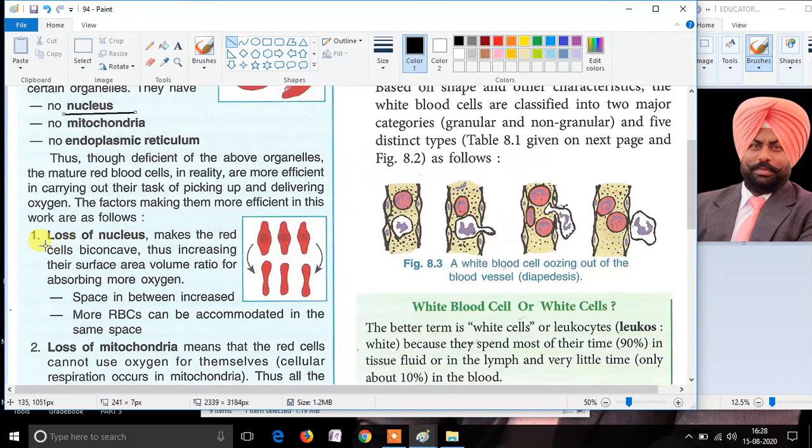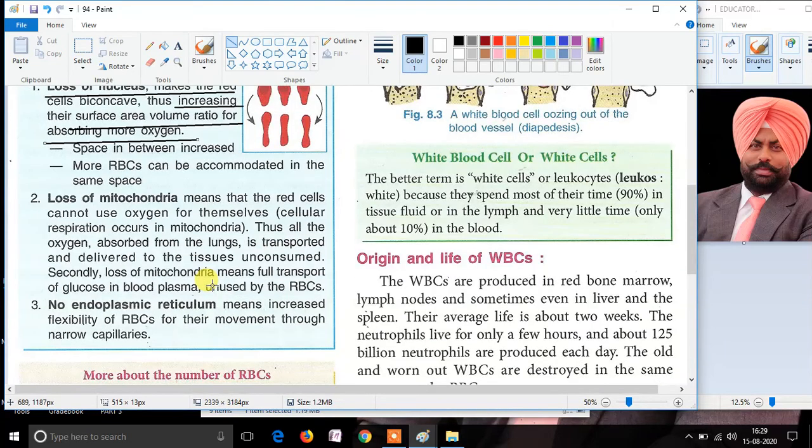The loss of nucleus from the red blood cells helps in increasing the surface area volume ratio for absorbing more oxygen. Since the nucleus degenerates, the space which was occupied by the nucleus is now used for carrying oxygen.